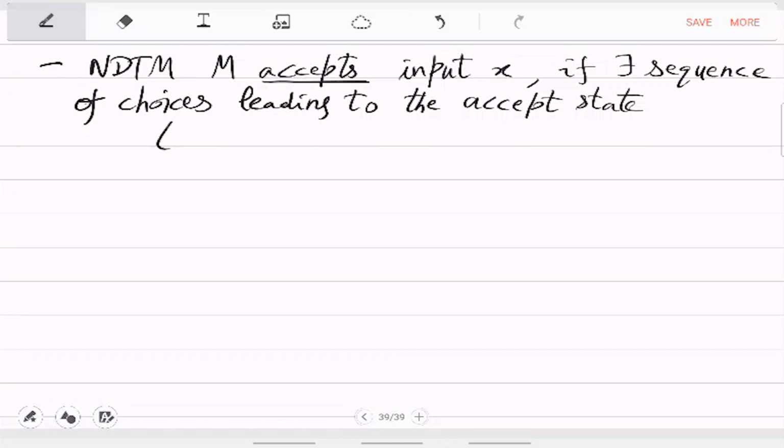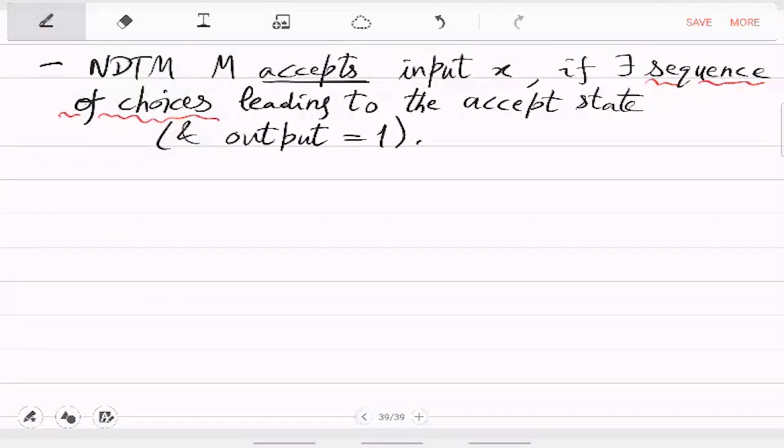That we can set as a convention. So that's the condition we are putting, that there should be a sequence of choices.